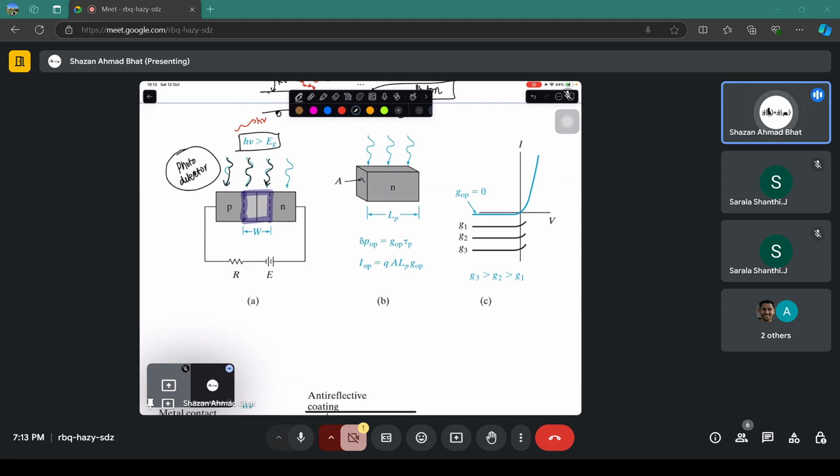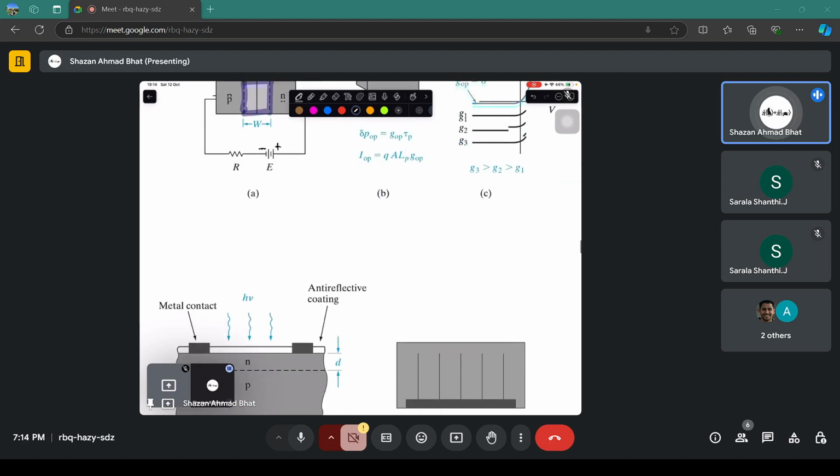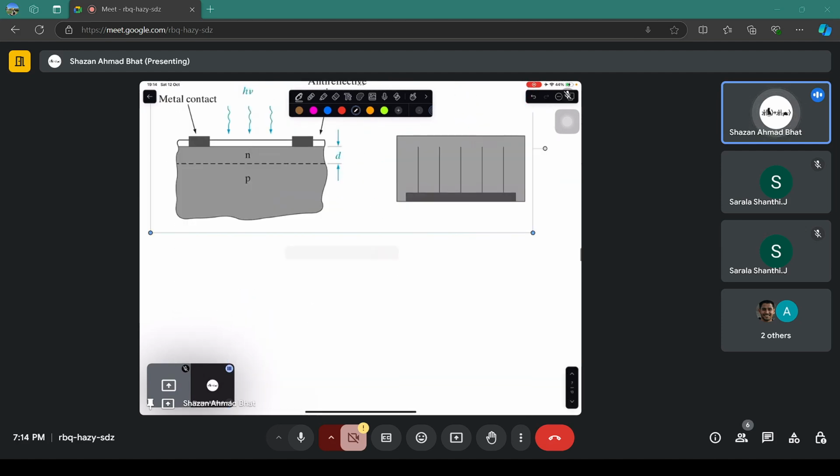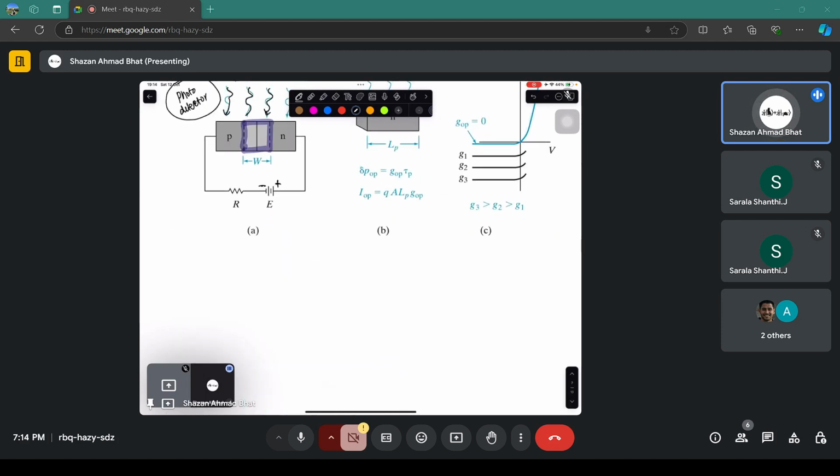In this particular scenario, you apply a reverse bias to the system. Whenever you have the reverse bias, you know how the band diagram looks. It looks something like this.